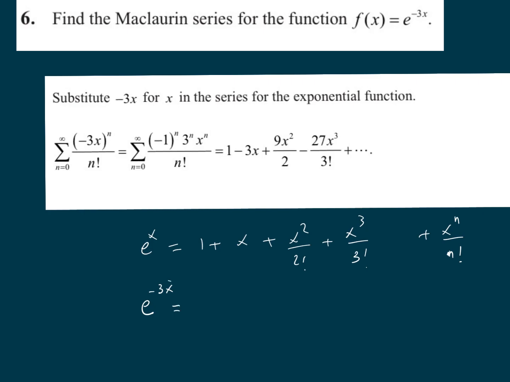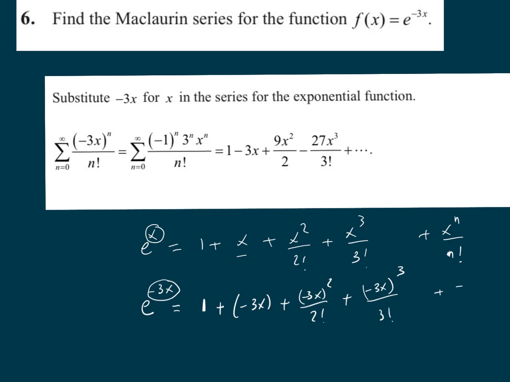If you substitute the minus 3x for the x in this expression, it will be 1 plus, when I see the x, I put minus 3x. When I see the x, I will put minus 3x squared divided by 2 factorial. When I see the x, I will put minus 3x cubed divided by 3 factorial.